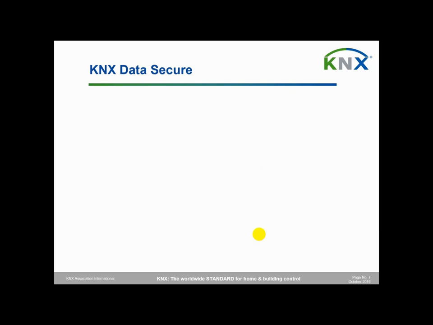Okay, let's have a look at the details of Data Secure then. First of all, comparing it with a plain device, a device that has no security technology on board, such a device has a plain stack, where layer 7 only consists of the application layer.